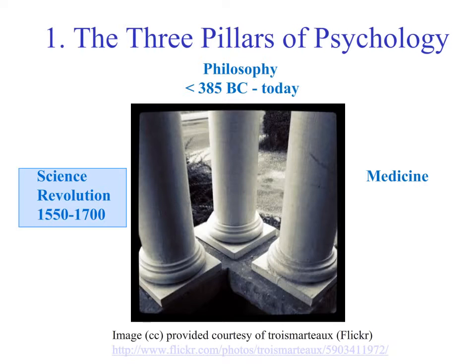The other component that led to the development of psychology was the scientific revolution that occurred from about 1550 to the 1700s. Those 3 components, philosophy, medicine, and science, all led to the emergence of what we would call psychology today.